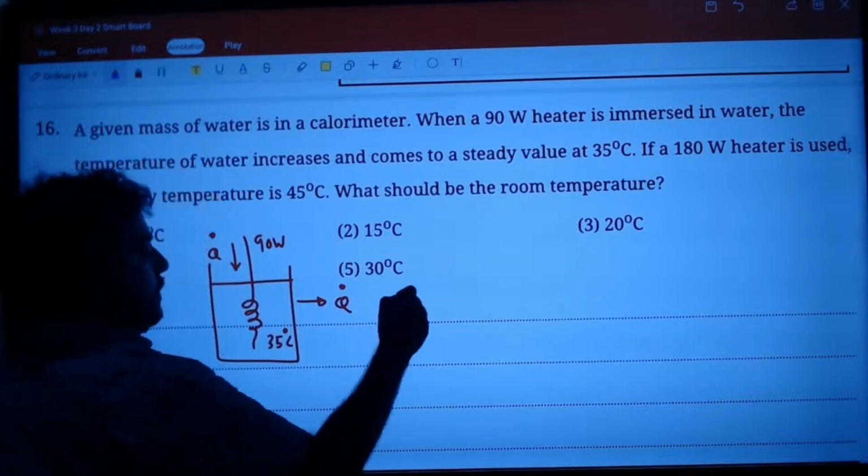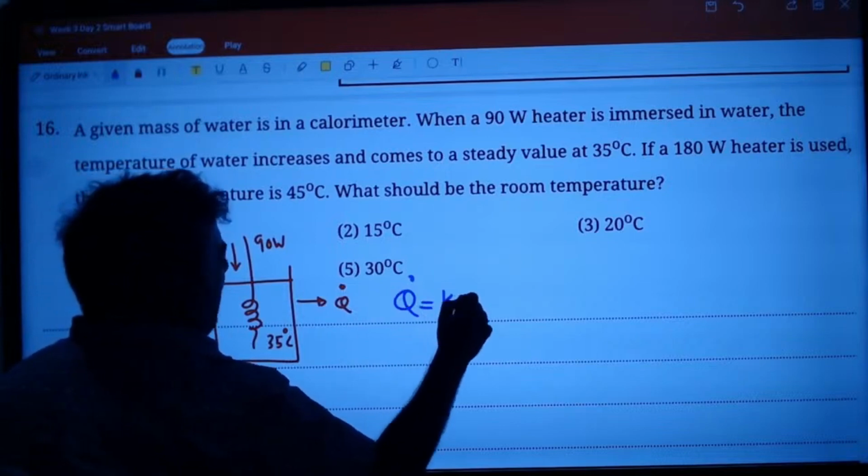Look at the board now. Q dot is equal to K times A times excess temperature.